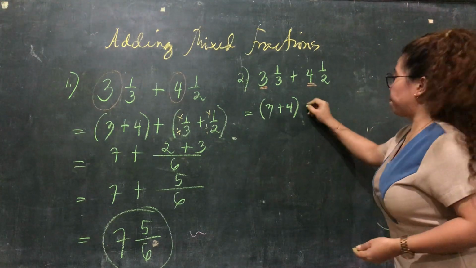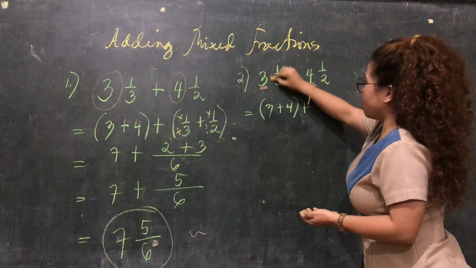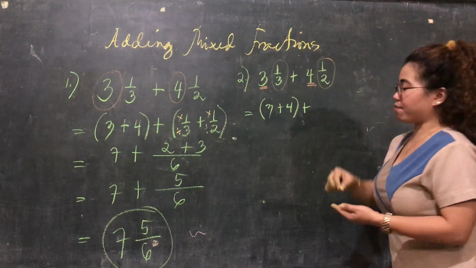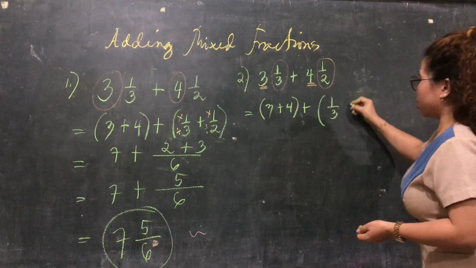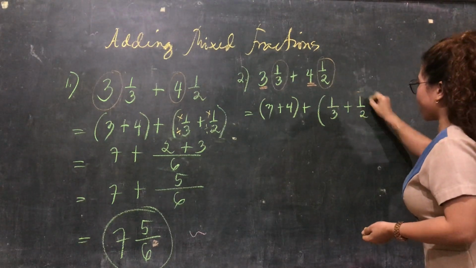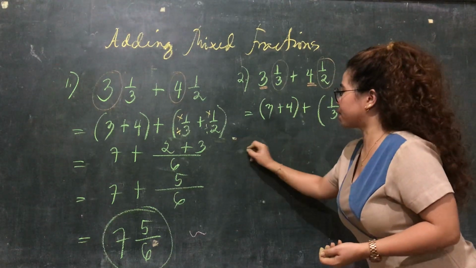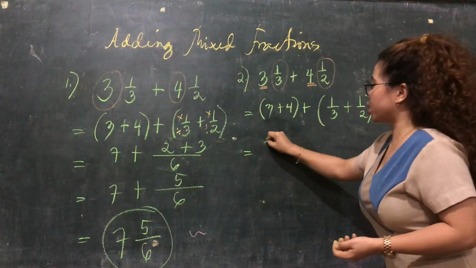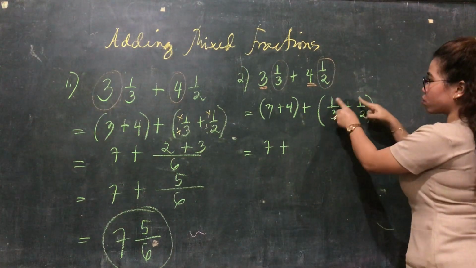Close. Plus, dito ta mag-focus sa fraction. Ang fractions nato 1/3 and 1/2. Sila na pod ang atong igrupo. You have 1/3 plus 1/2 equals 3 plus 4, you have 7. Copy.